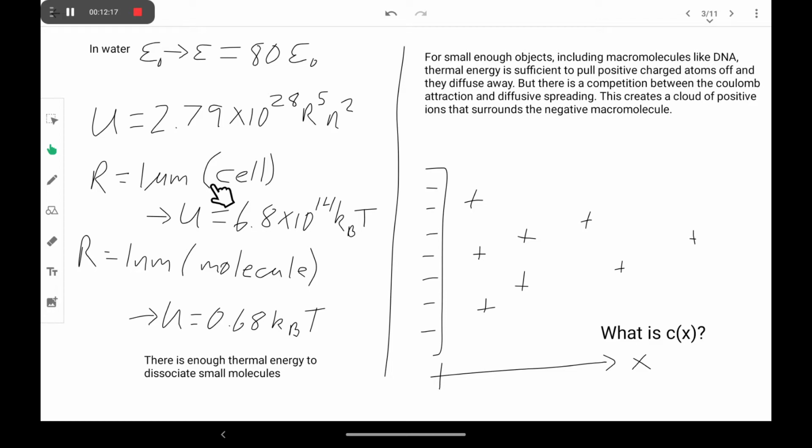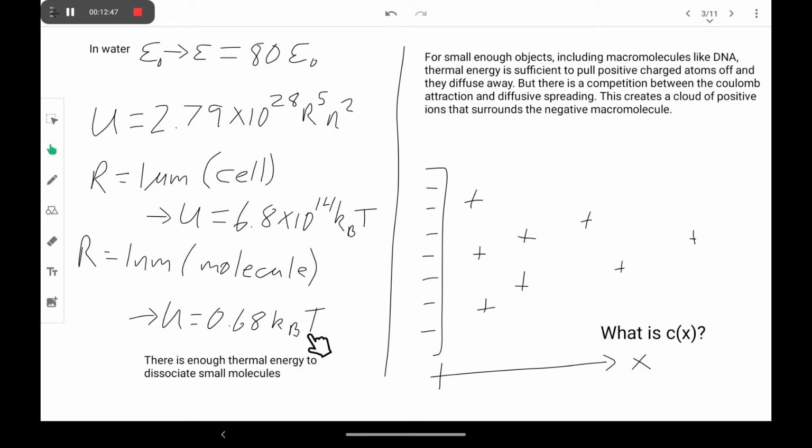So even a cell is neutral because there's not enough thermal energy to dissociate molecules from a cell. It's just way too much. But if we get down to the molecular level, where things are on the order of a nanometer or a few nanometers, suddenly the energy needed to dissociate 1% of the electrons on the system is about the same size as the thermal energy available.